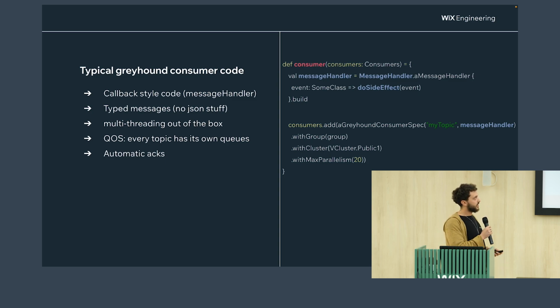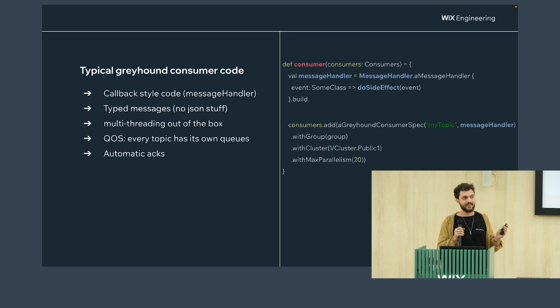When you're using Greyhound, we allow you to define a message handler with a callback-style function. As you can see, you have a message handler, you get the typing out of the box, and you define some side effects. When you define this consumer, you get a super nice and easy API to configure the options we're giving.